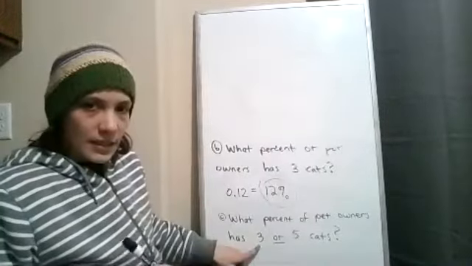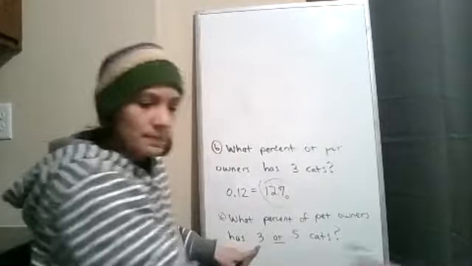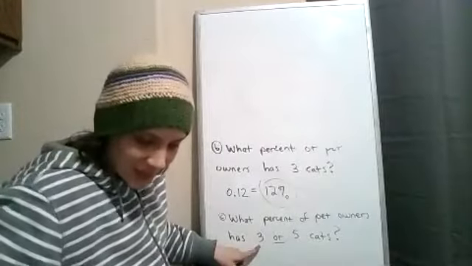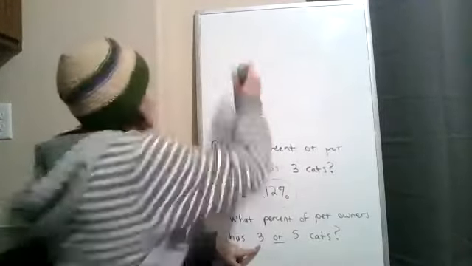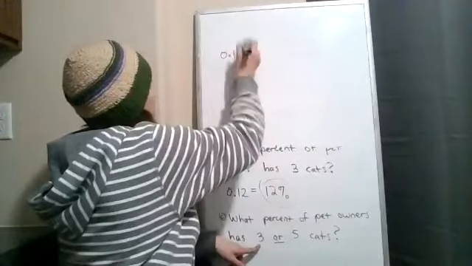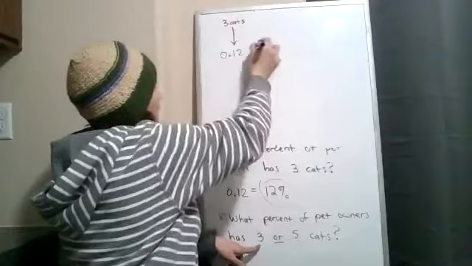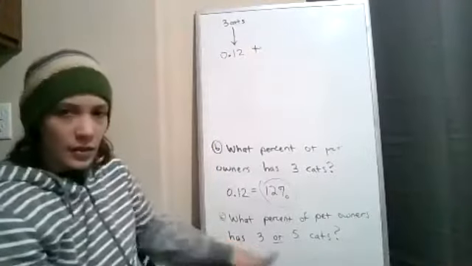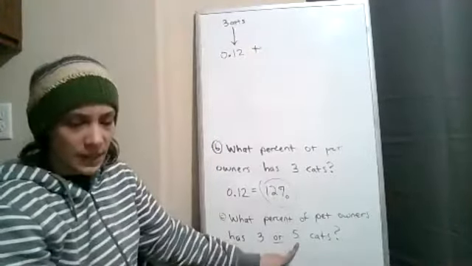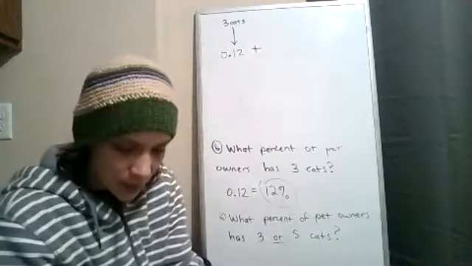So for 3 cats, it was 0.12. And then add the percentage for 5 cats. 5 cats is 0.08.